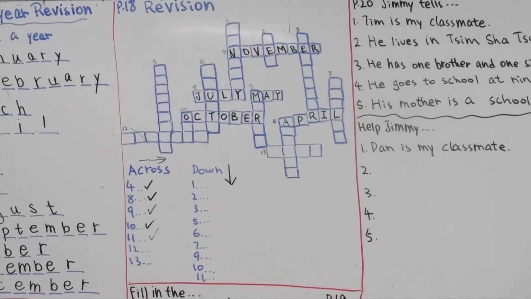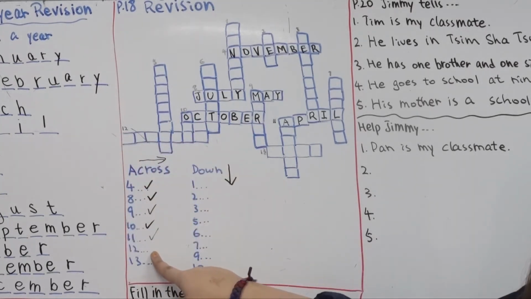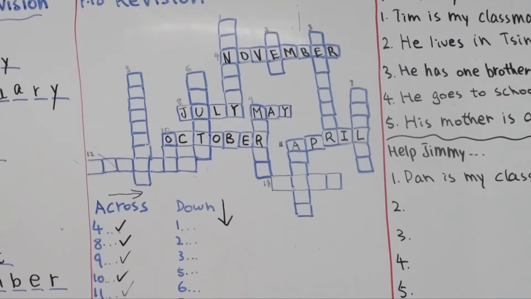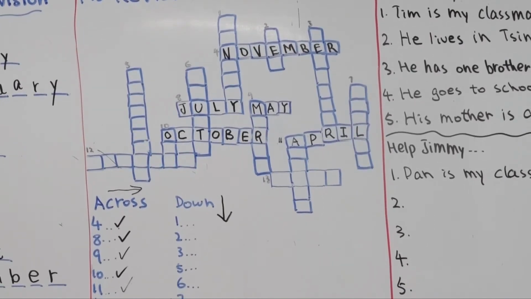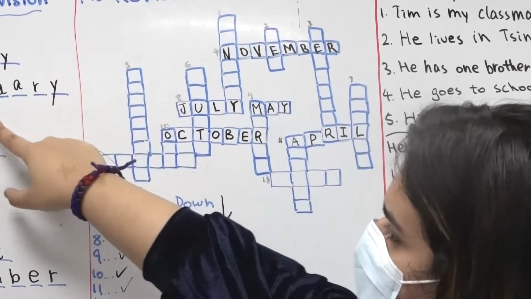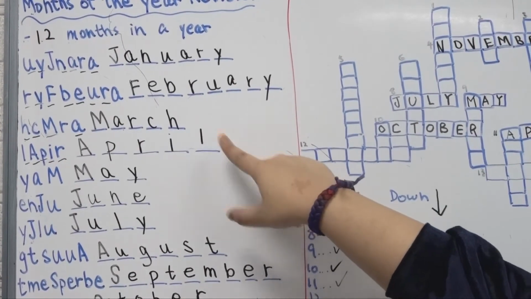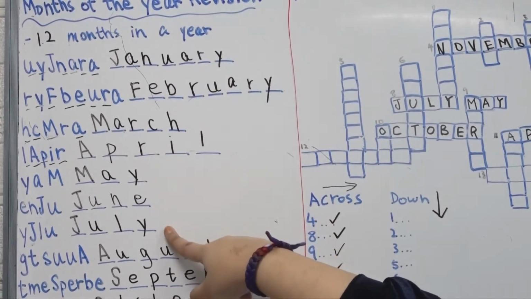Number 12, across number 12. Can you find across number 12 for me? Across number 12 is here. Good. So let's read. July is the what month? The first is January, second is February, third is March, fourth is April, fifth is May, sixth is June, seventh is July.